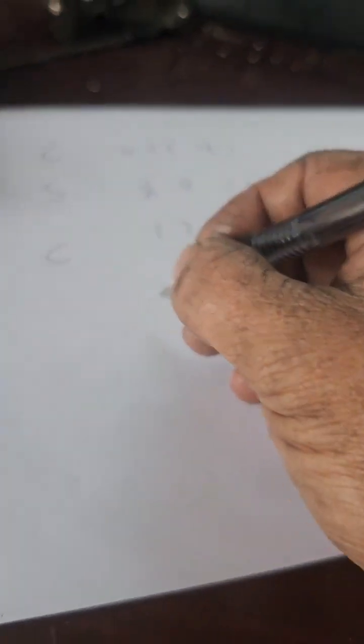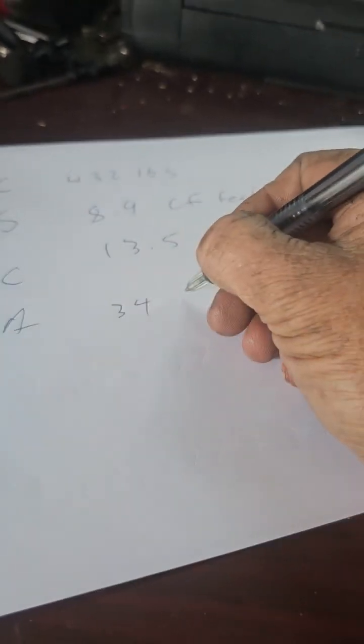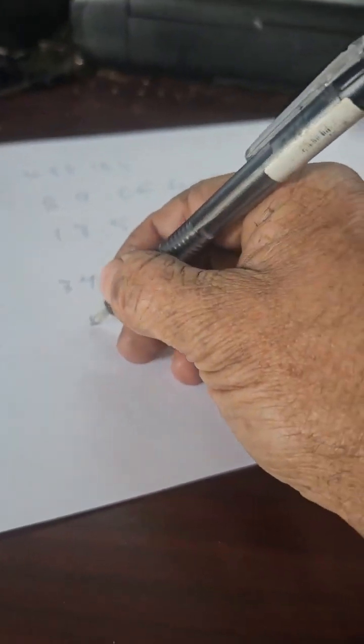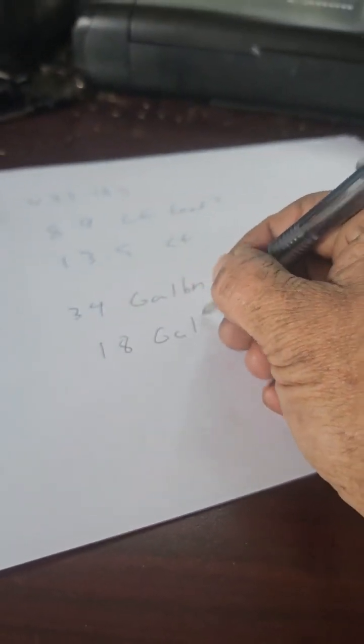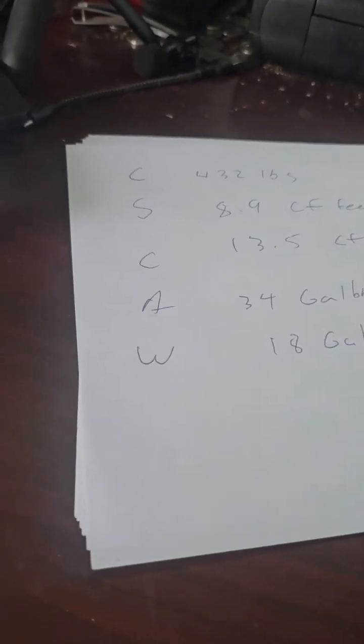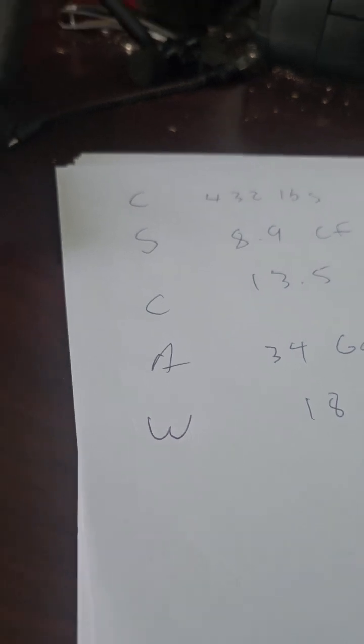For additive, 34 gallons. And for water, 18 gallons. And there you go, quick, simple, and easy. Make your own mix and you don't have to buy pre-mix.